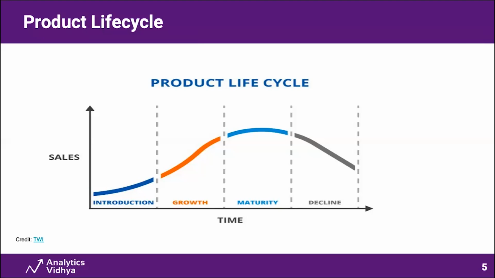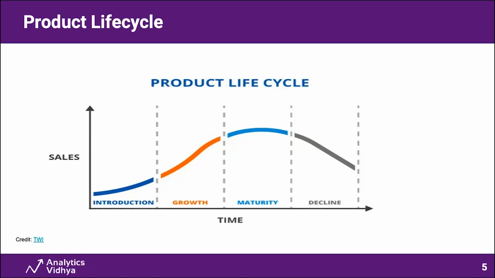many factors, right? It could be that your competitors are launching a similar product, or you yourself have introduced a new product which is quite similar to what you launched earlier. So you will see the decline in sales, and once the decline is there, either you introduce a variation of that product, or you discontinue the product from the market or from the shelves, right?